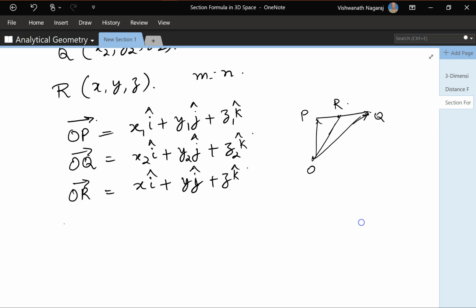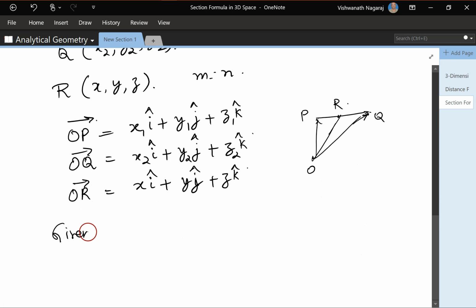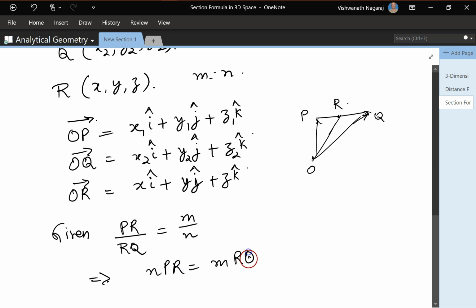Now, we are given that PR by RQ is equal to m by n, which implies nPR is equal to mRQ.